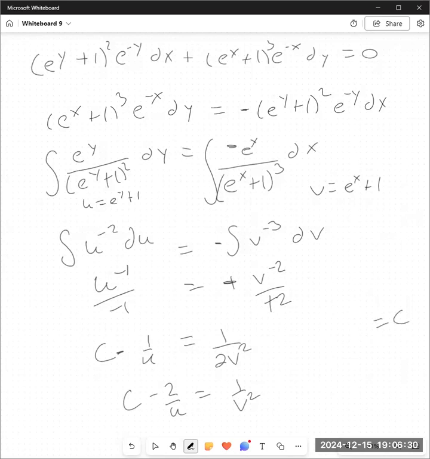So c is 1 over v squared plus 2 over u. So v was e^x + 1, and let's just write that as (e^x + 1) to the negative second plus 2(e^y + 1) to the negative first is equal to c, something like that.